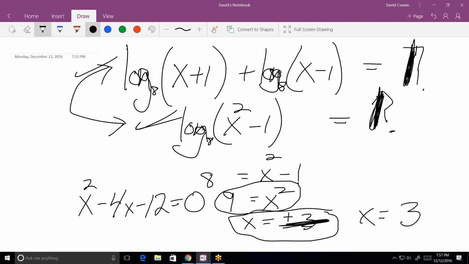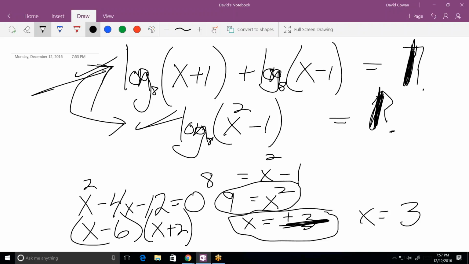In other words, you end up with a quadratic, and you get x minus 6 times x plus 2, which gives you a negative solution for x and a positive solution for x. So if the original thing was something that looked similar to that, the negative solution almost always is going to violate that domain.